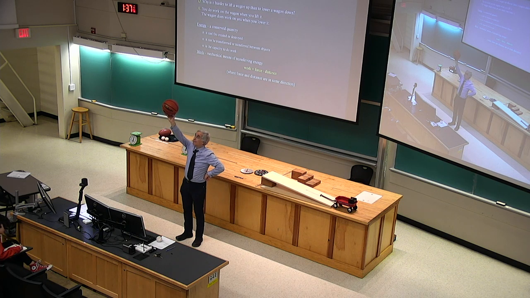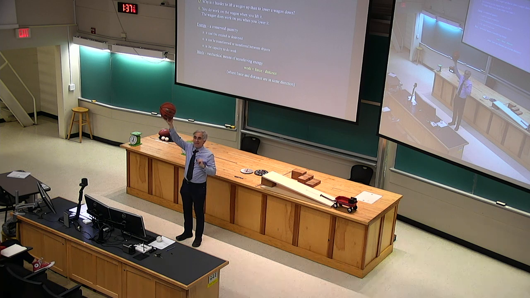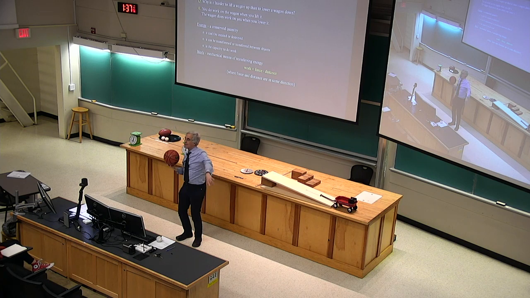Which way is the ball pushing on me? Show me with your hands. Down, right? Which way am I moving when we do this? Up. Those are in opposite directions. The ball is doing negative work on me. How much? 10 units. So I'm giving it 10 units, and it is giving me negative 10 units.